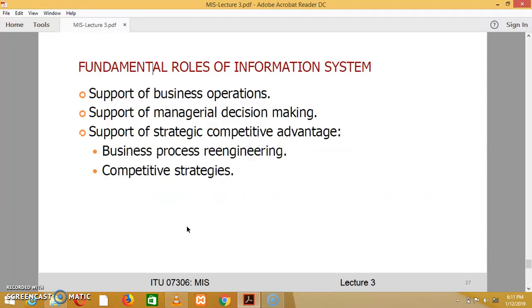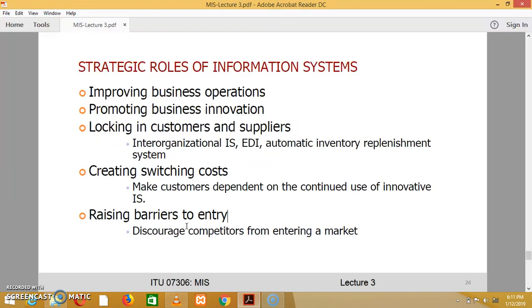But also we can say business fundamentals: business operation, decision making, and strategic competitive advantage in the businesses. And also there are some strategic roles of information systems in business that are used for improving business operations, promoting business automation, and locking in customers and suppliers. So if we have an information system, our customers will just be roaming around our system in an organization without leaving.